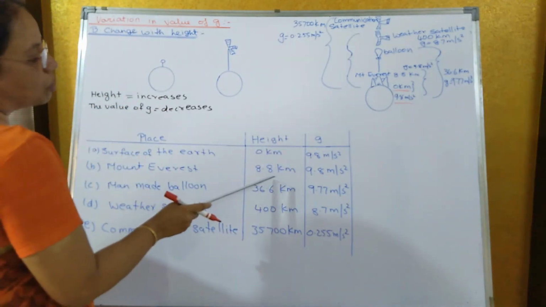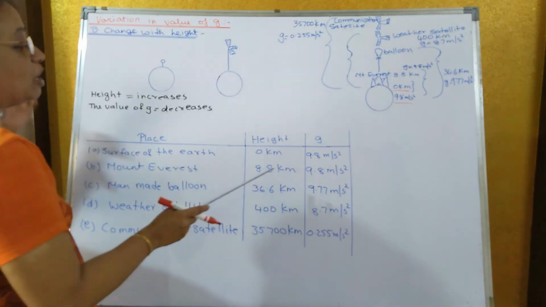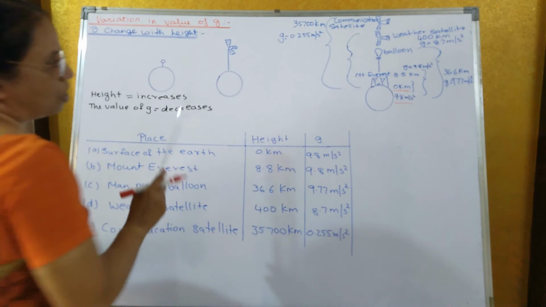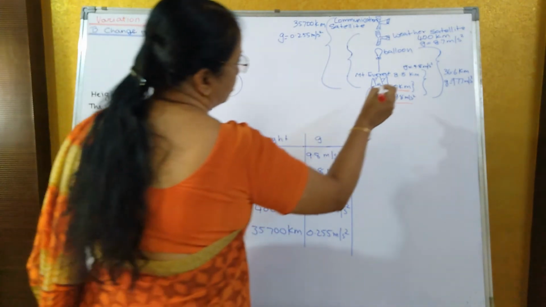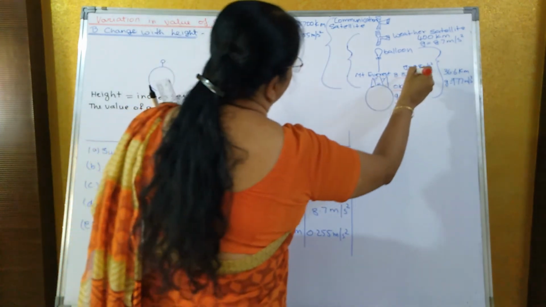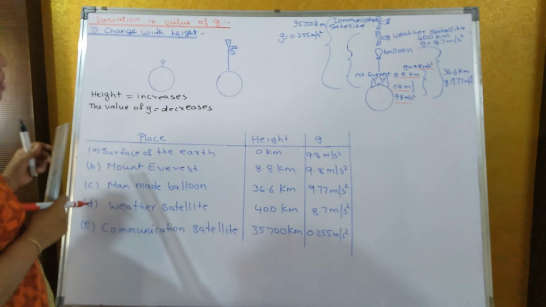Though the height has increased, it doesn't affect the value of g because this is very small compared to the radius of the earth. So even at 8.8 kilometer, the value of g is not affected much.